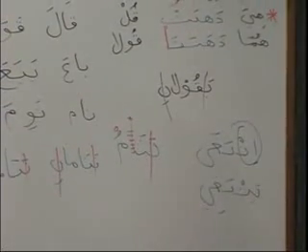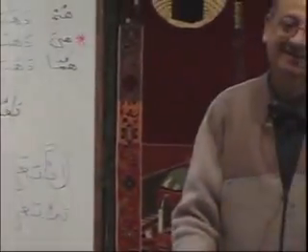Now here's a nice sentence. Yajibu alayna an nadrusa lughat al-arabiyya li'annaha lughatul Quran. It is wajib on us to study the Arabic language because it is the language of the Quran.